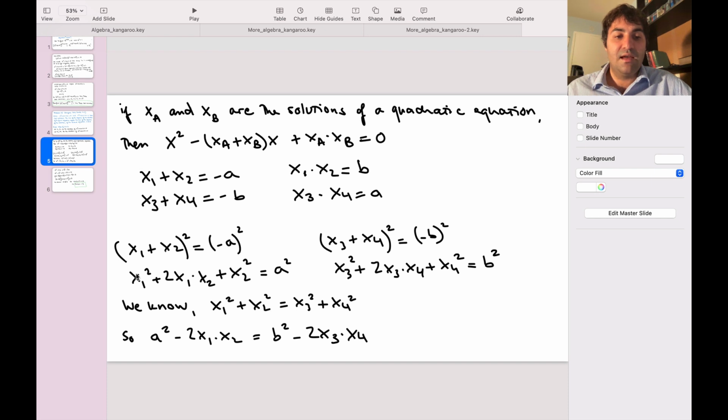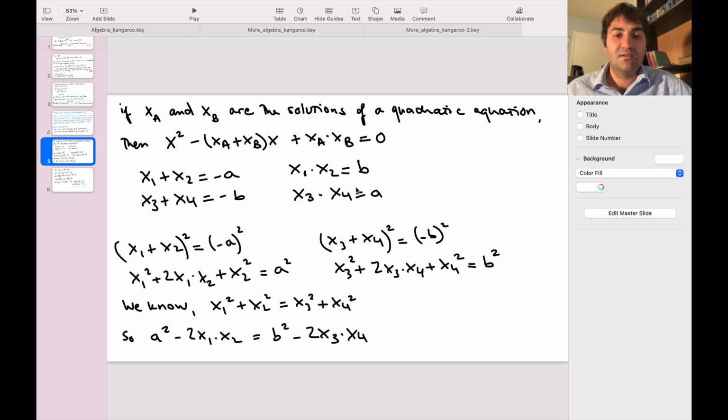We know that x1² + x2² is equal to a² − 2·x1·x2, and x3² + x4² is equal to b² − 2·x3·x4. So if we set these values equal, we get a² − 2·x1·x2 equals b² − 2·x3·x4.